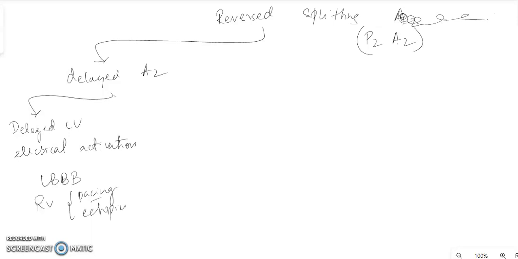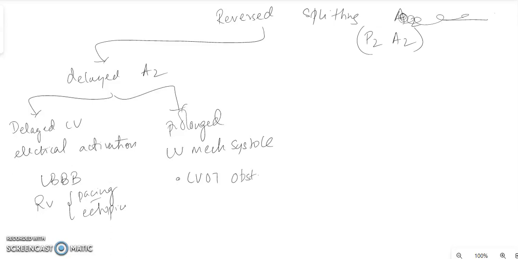Next is prolonged LV mechanical systole, seen in LVOT obstruction such as HOCM and AS, ischemic heart disease and hypertensive heart disease.